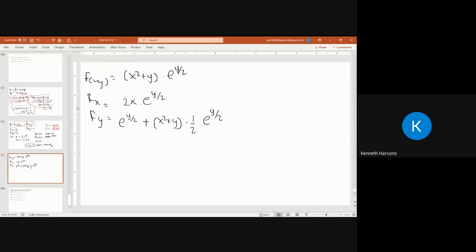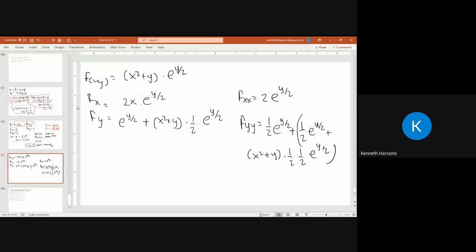And let's just find the second derivative of this one first. Fxx is just 2 e power of y over 2. Fyy is derived from this one, half e power of y over 2, plus use the product rule again for this one. So half e power of y over 2 plus x squared plus y times half times e power of y over 2.